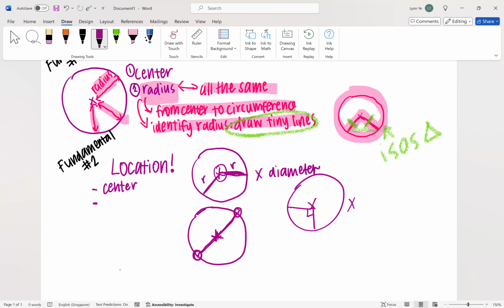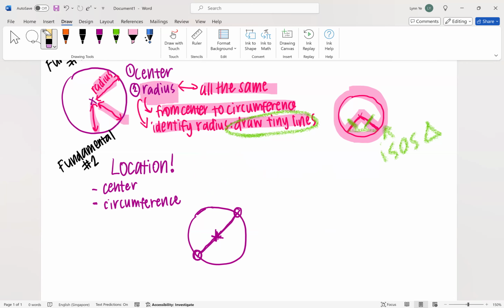Very good, circumference. Now why are center and circumference very important? Later, I'll explain to you why. All right, I'll give you guys some time to write first. So all this no need. Just write down location, center, and circumference.